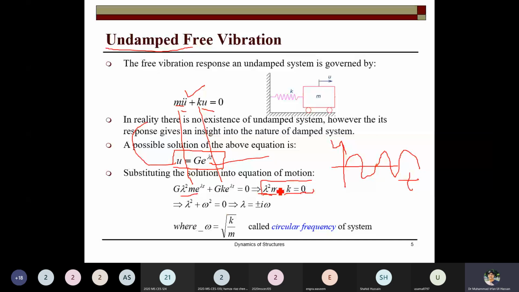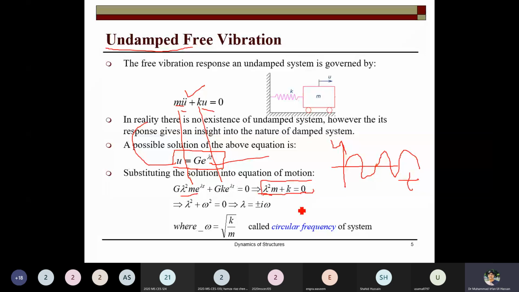If I divide the whole equation by m, it will be lambda square plus k over m is equal to 0.